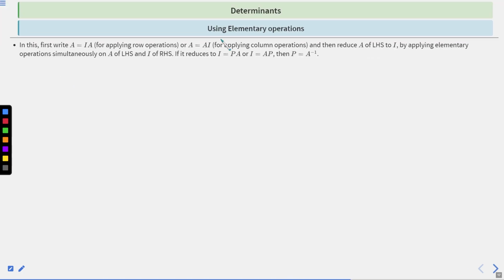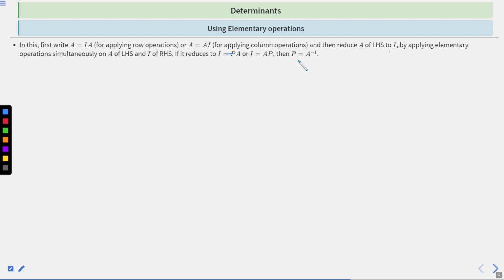The second method is basically using elementary operations. In this, first write A is equal to IA, for applying row operations, or A is equal to AI for applying column operations. Then reduce A on the LHS to I by applying elementary transformations simultaneously on A of the LHS and I of the RHS, and reduce it as I is equal to PA, or I is equal to AP.